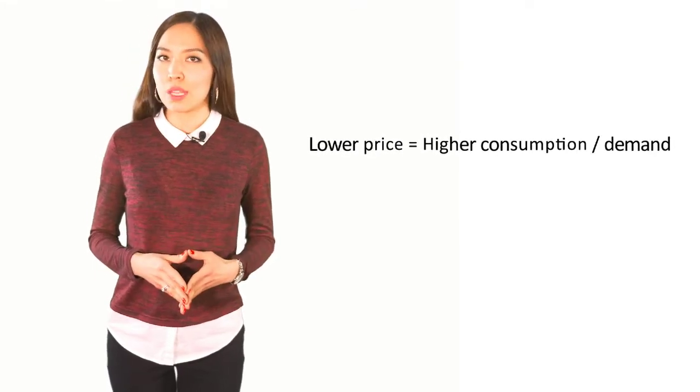Let's imagine you're asked the following question in a survey. What is the maximum amount you would be willing to pay for one chocolate bar? In answering this question, you should not worry about what would be a reasonable price for a chocolate bar. You should simply decide how much you want the chocolate bar.